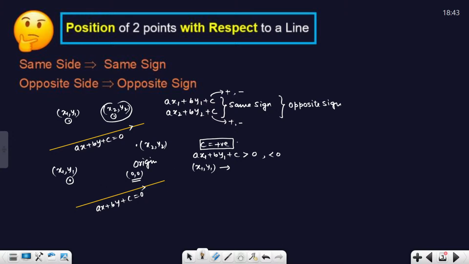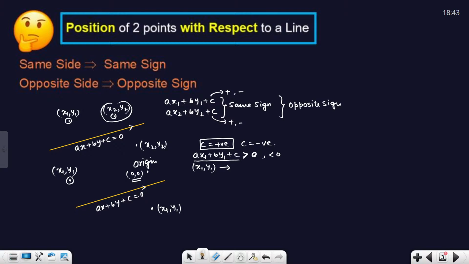Is it clear? Now, if your C is negative, and if we get the value of this expression positive, then what will we say? Again, we will say that the point x1, y1 is lying on the opposite side from the one which contains the origin. Meaning if your origin is lying here, the point will lie somewhere here.